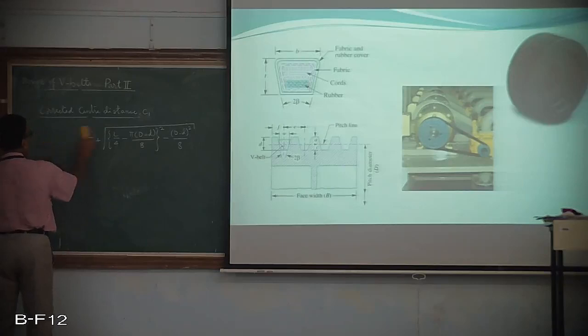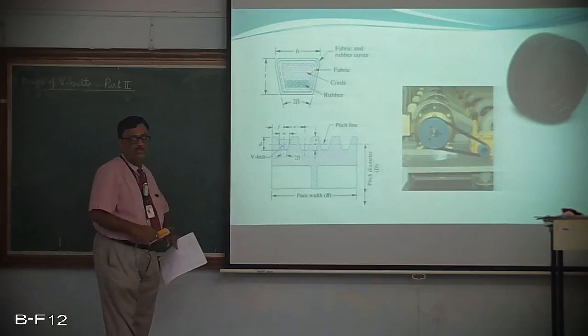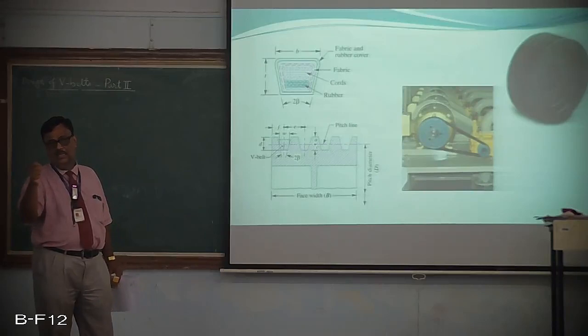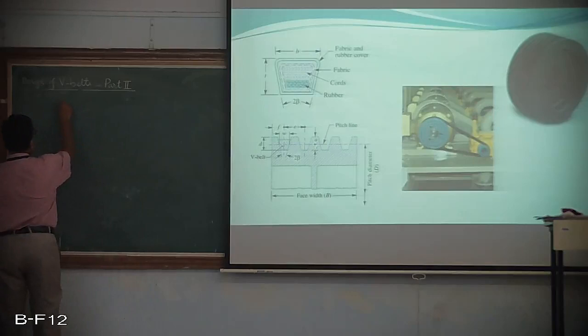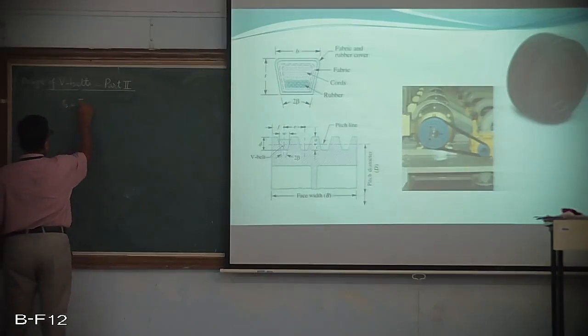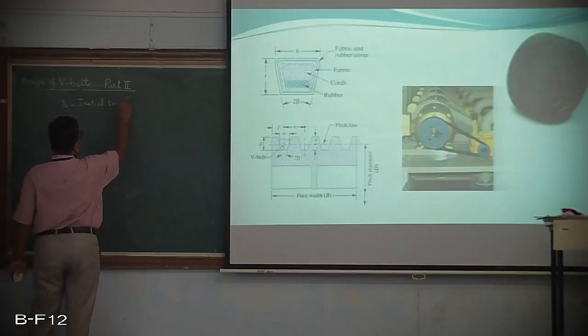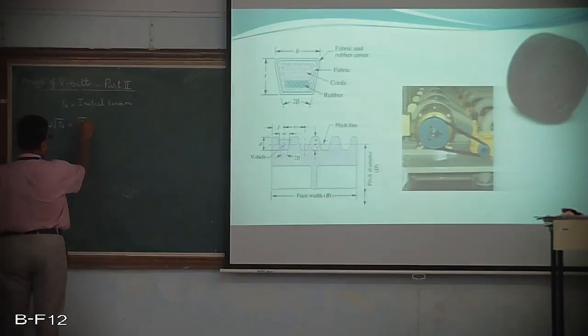In the case of V belts, or even sometimes in flat belts, once the belt is mounted on the two pulleys, a small initial tension is given before the drive starts. That initial tension we call T naught. T naught is the initial tension, which is provided artificially with the help of a tensionometer. The relation between the initial tension and the two tensions is given by T naught equal to (T1 plus T2) by 2.